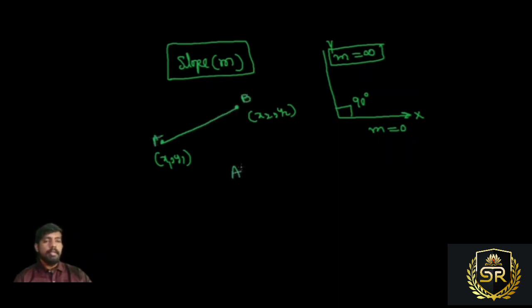The formula for the slope of AB is y2 minus y1 by x2 minus x1. Remember, y2 minus y1 by x2 minus x1. When a line is passing through 2 points and they ask you to find the slope, then the slope of AB is equal to y2 minus y1 by x2 minus x1. Now a third exercise based on this slope concept, we will solve those problems also.